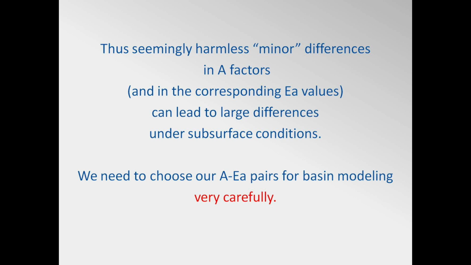And therefore, these are not harmless little differences. They have the potential to greatly distort the results of your modeling, and therefore we should pay particular attention to trying to get a best estimate of the true AE pairs to be using in our modeling.